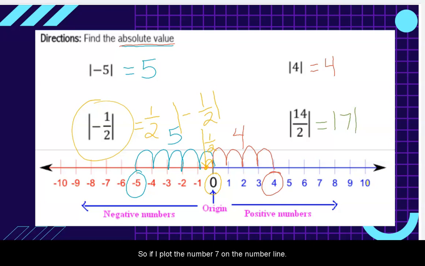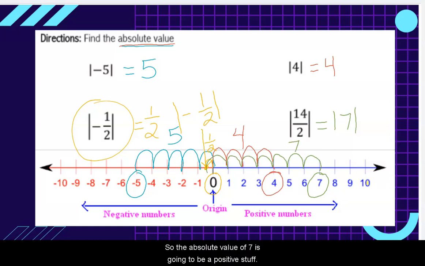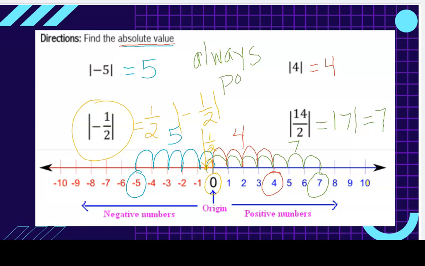So if I plot the number 7 on the number line, 7 is right here, and I look for the distance between 7 and 0, I'm going to find it's 1, 2, 3, 4, 5, 6, 7 spaces. So the absolute value of 7 is going to be a positive 7. And it remains positive because absolute value is always positive.